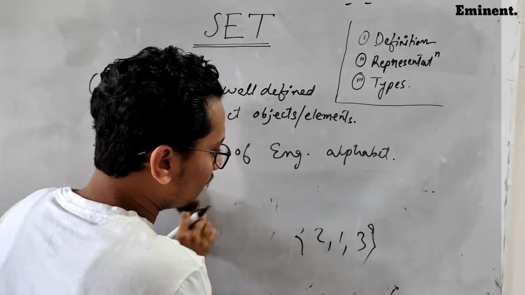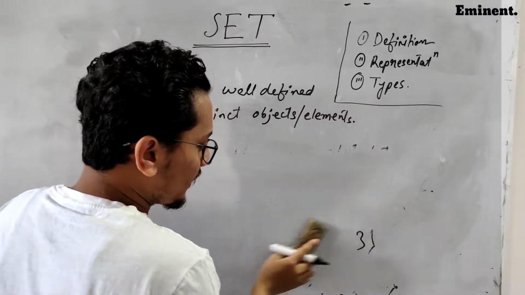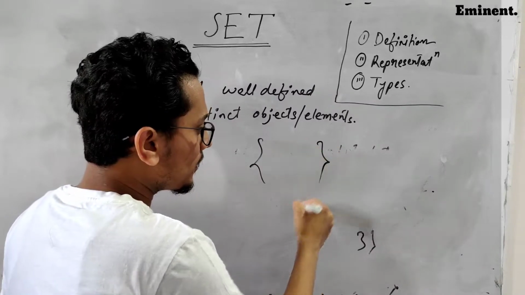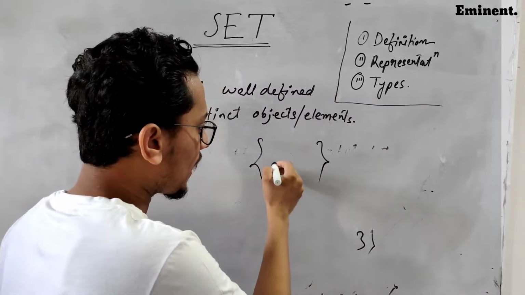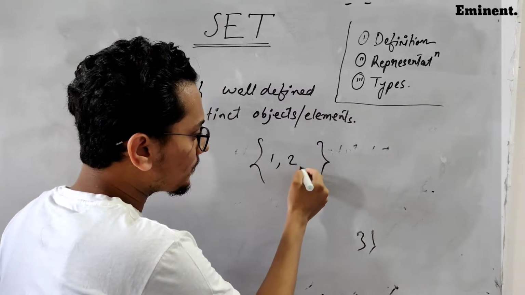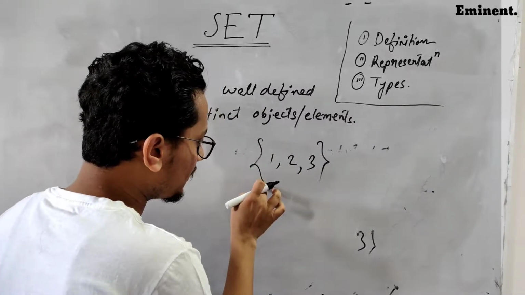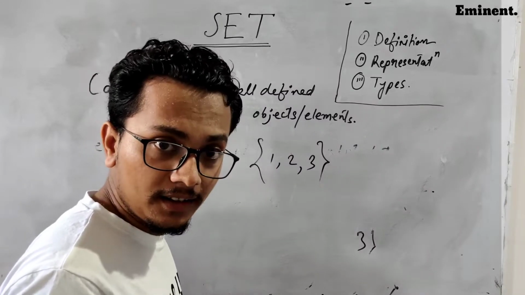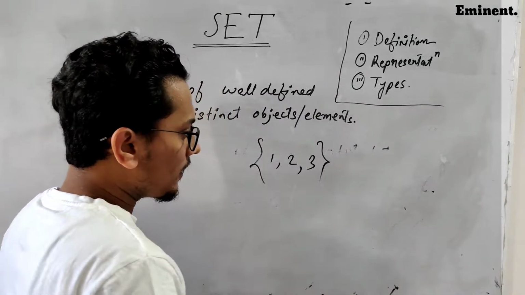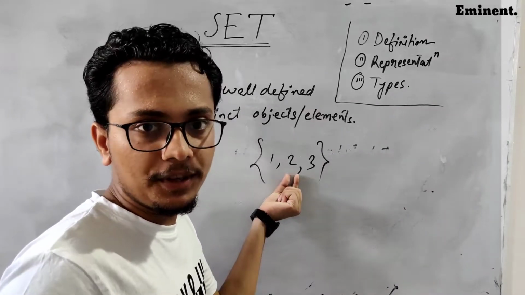Understood? Then what you learn is that to write a set, first within braces you have to write elements separated by commas like this. You have to give these braces, and any elements can't be repeated.